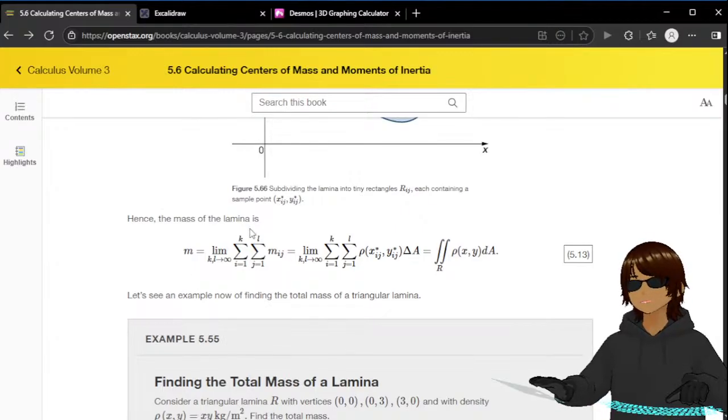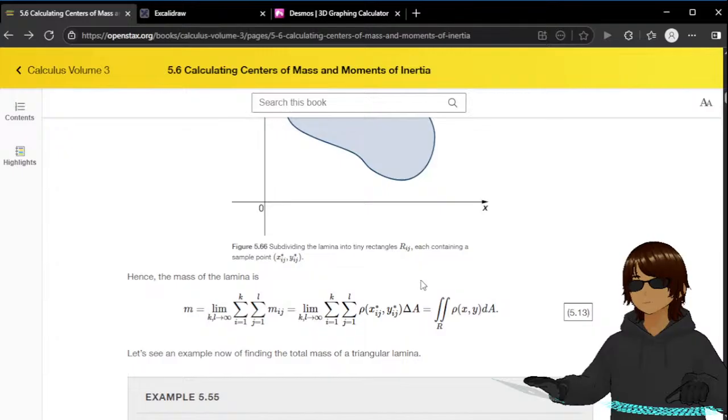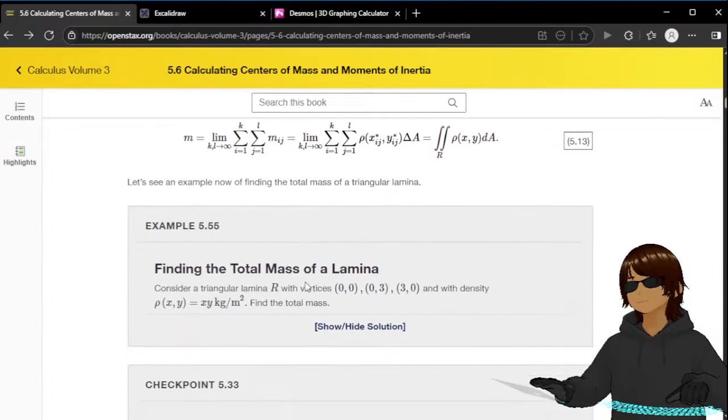Hence, the mass of the lamina is the sum of rho of x star, y star delta A, and then the integral of rho of x, y dA. Then we integrate over the entire region.